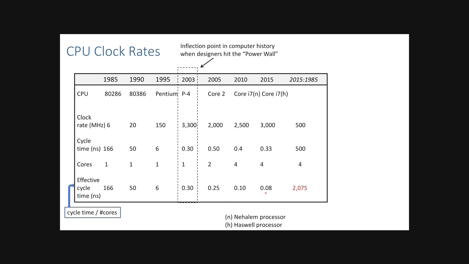is now decreasing here. And then this last column, you can see the overall increase over time. And what's really dramatic is how much this effective cycle time is increasing as we add more cores to our machine.